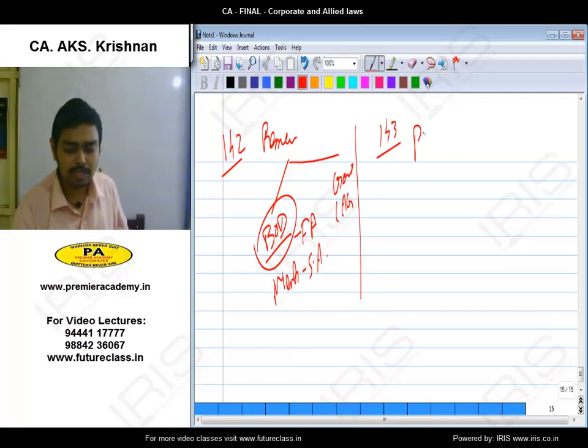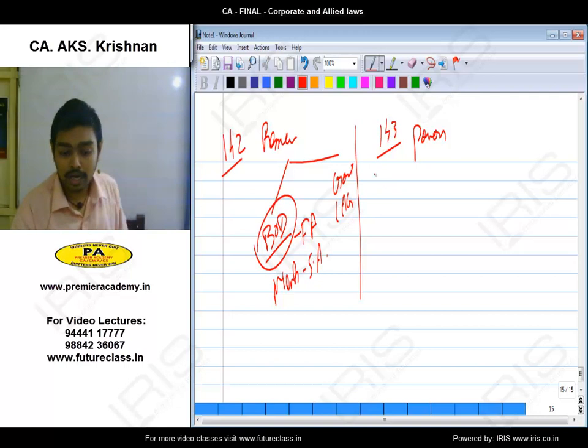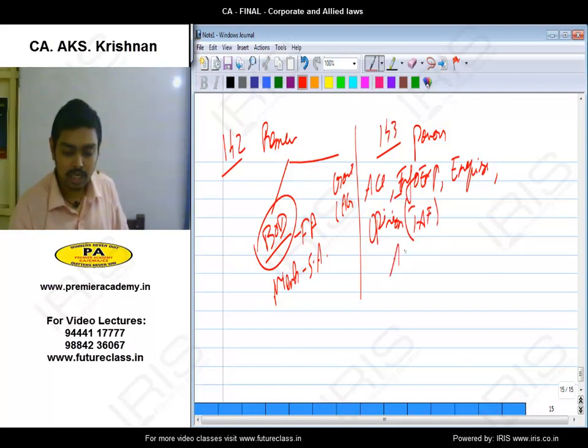Then we had 143, powers and duties. Tell me, what are your powers first? Access books of accounts, get information and explanation. Right to inquire. Right to express opinion, true and fair view. Accounting standards followed. Right to inquire: what are the points?